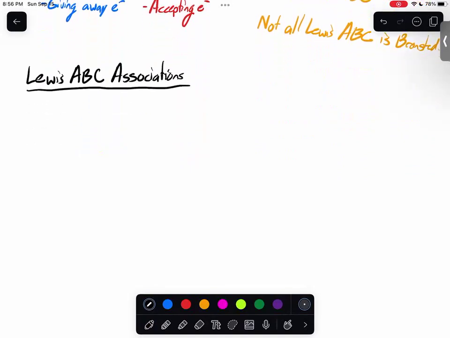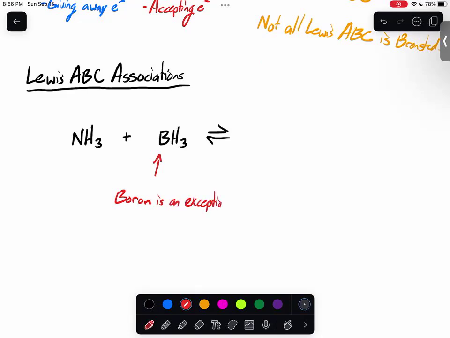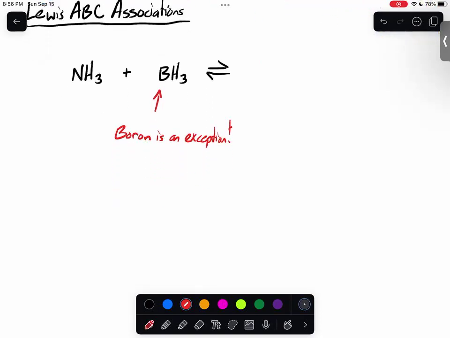So, for example, we could have something like NH3 and BH3, and we could ask, what is the reaction going to look like here? Well, if we think back to one of the first lectures, we talked a little bit about boron. The one thing we said about boron is that it is an exception, and we have to think about why.